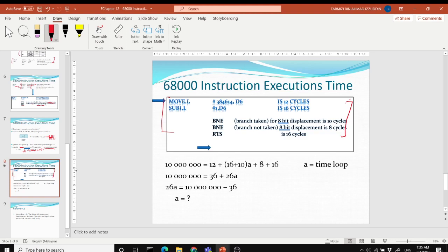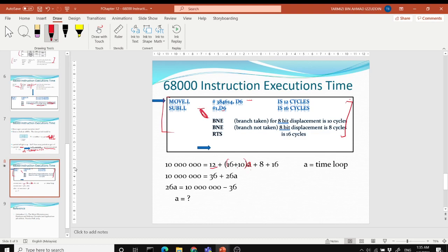The way you calculate that is, first you need to list down all of the clock periods required in the subroutine. So we have 12 here, starting from this, and then 16 plus 10A. Why do we have 16 plus 10 times A here? Because starting from this command, SUBI, BNE, if your D6 is not 0, you will keep on looping.